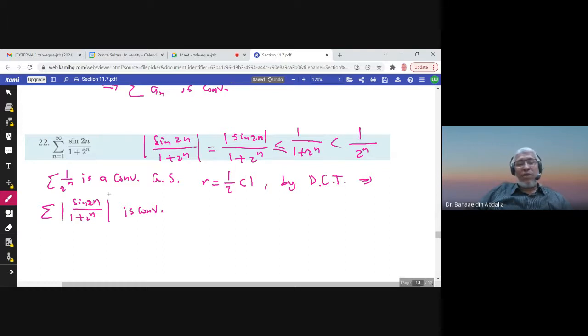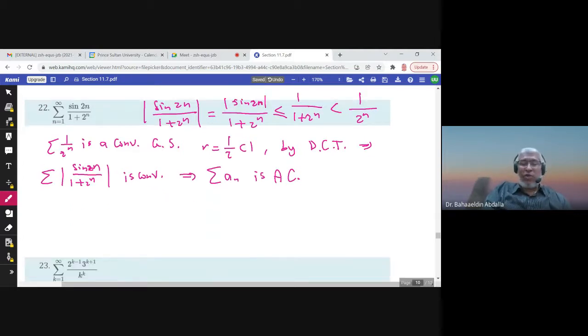And because this is convergent, then summation an without absolute value is absolutely convergent. So the series is absolutely convergent.